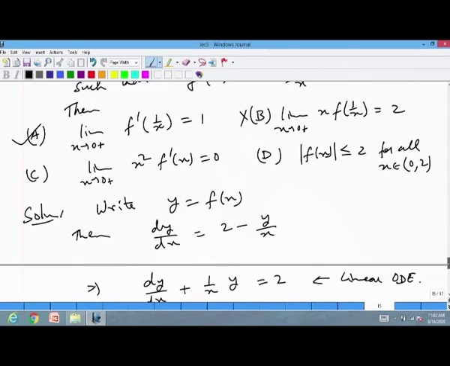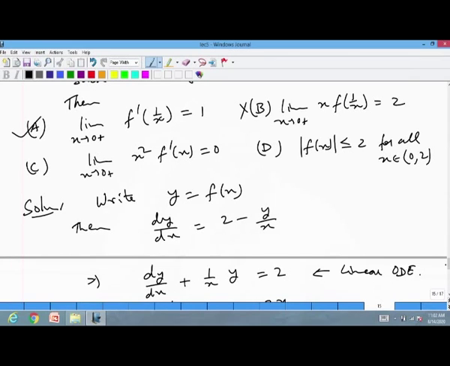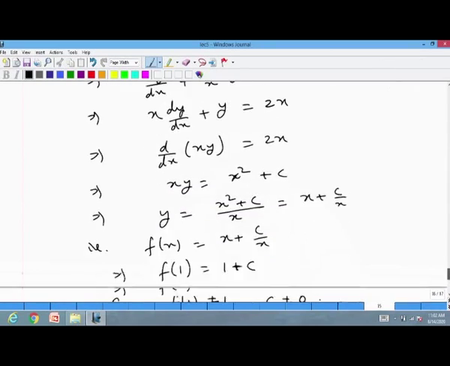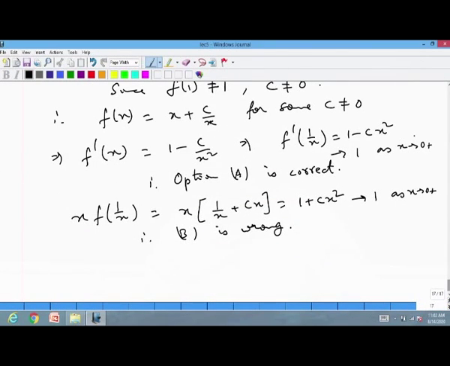Option C is asking for x square times f prime x limit as x approaches 0 plus. So, we have already calculated f prime x. So, x square times f prime x is x square times 1 minus c x square, which is equal to x square minus c.